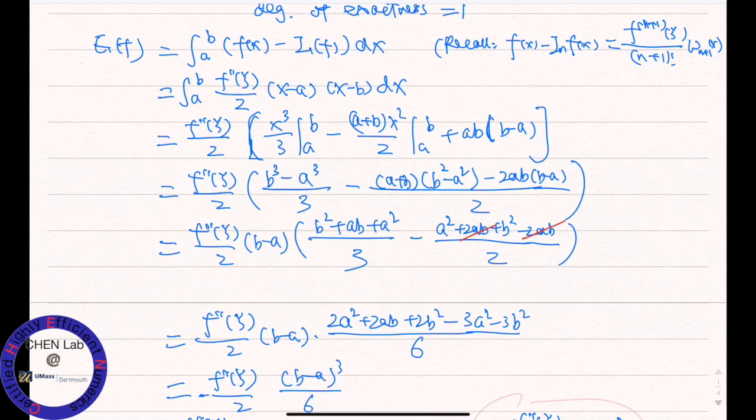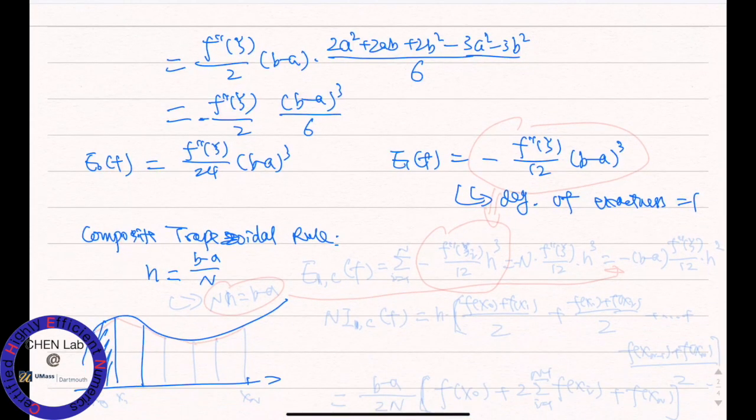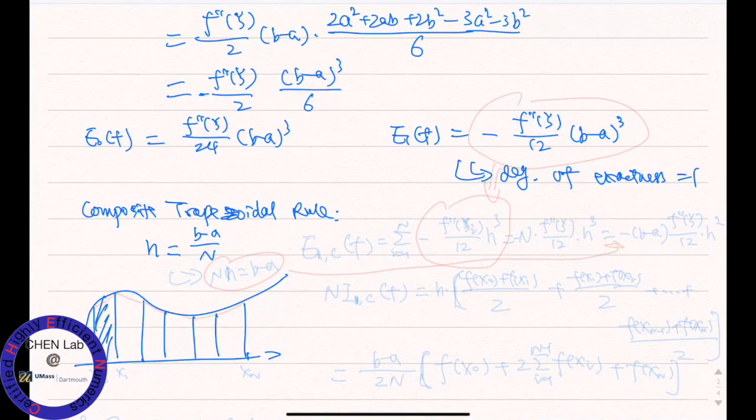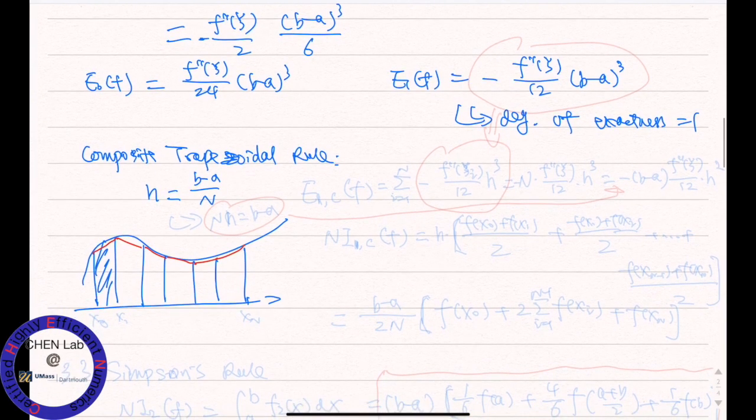So instead of treating it as one interval, you do many smaller intervals, and on each one you're going to use a trapezoid. That's the idea. You use a whole bunch of trapezoids, piece by piece, smaller intervals, and on each smaller one, you do a little trapezoid.